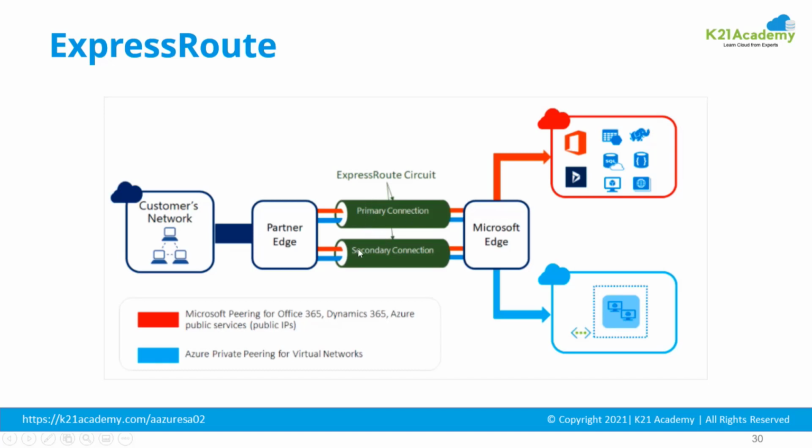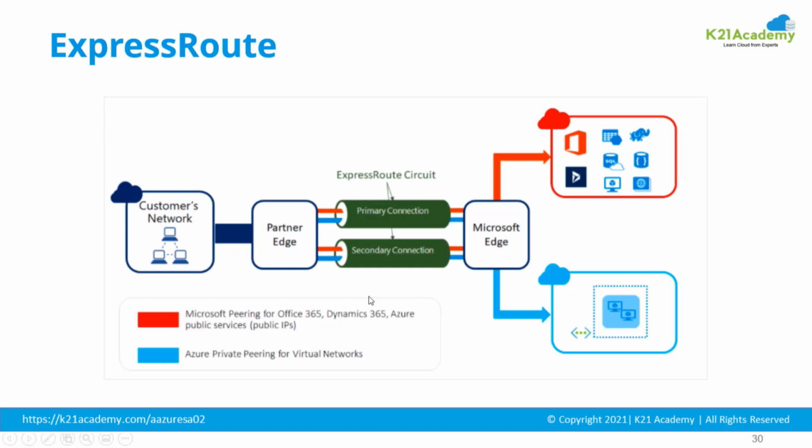There'll be one primary connection and a second, secondary connection, and they connect to the Microsoft Edge, which you can think of as a service on the edge side, one end of the tunnel. This edge is connected by default with the Azure network here, or you can use the same ExpressRoute to connect to other Microsoft software as a service, or Microsoft SaaS, like peering with Office 365 or other public IPs or other services. So that is ExpressRoute in a nutshell.